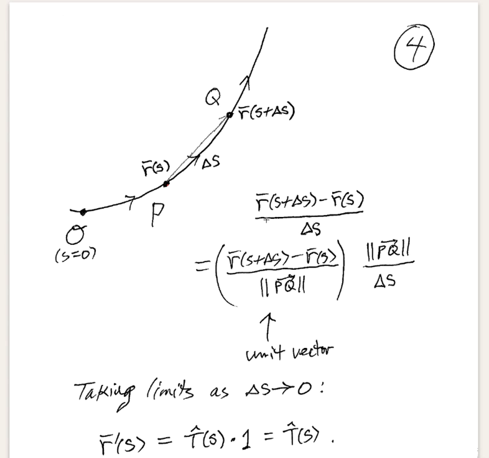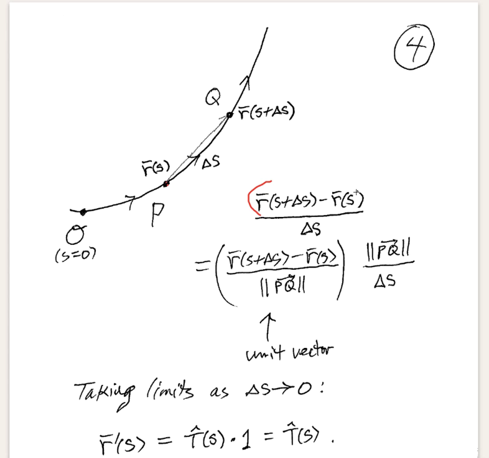Let's consider looking at this expression: R of s plus delta s minus R of s, divided by delta s. This would be the difference in these position vectors, so that would be the vector from P to Q right there. That's that vector I've tried to draw in there. Can you see that little arrow?